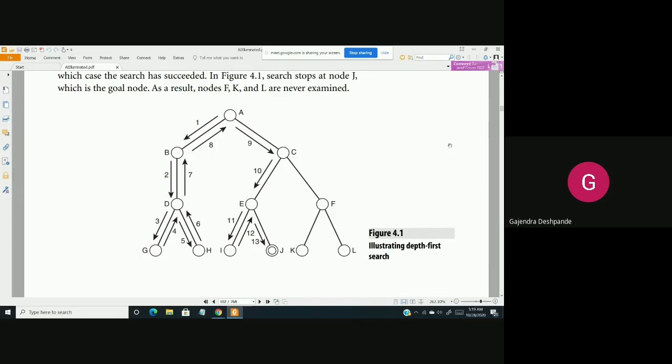Otherwise, it will go inside folder 1, then inside folder 2, inside folder 3, inside folder 4, and so on. Okay. So let's assume that you have folder X. First, it will search in X1, then it will search in X11, then X111, X1111, and so on. Okay. So that is the depth.